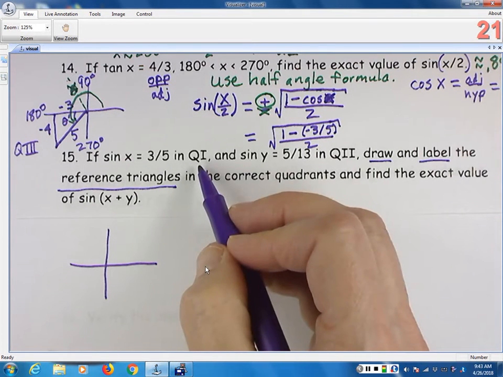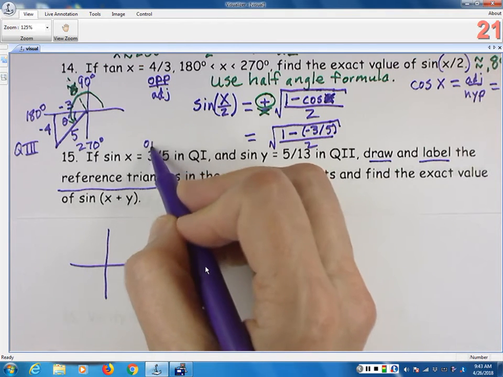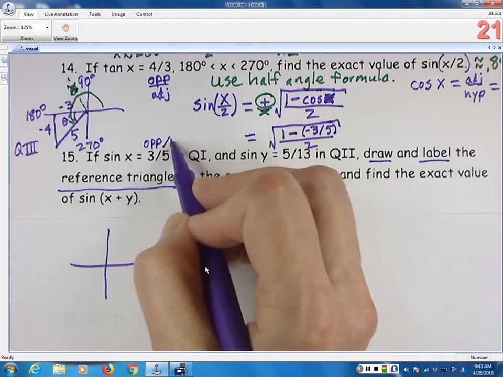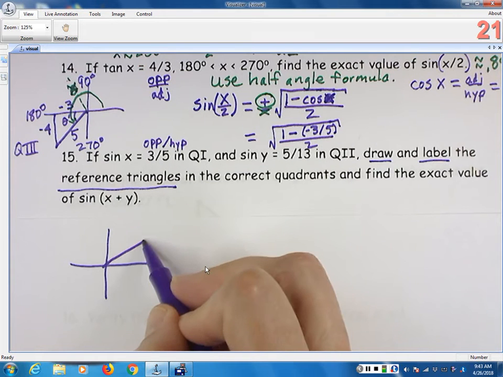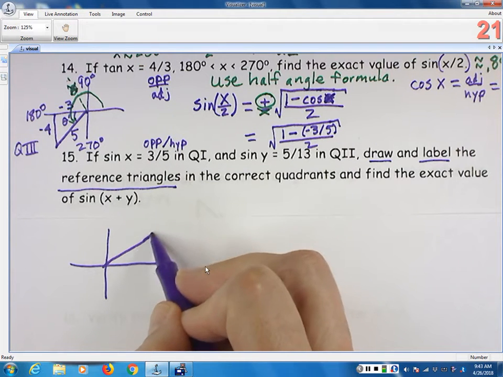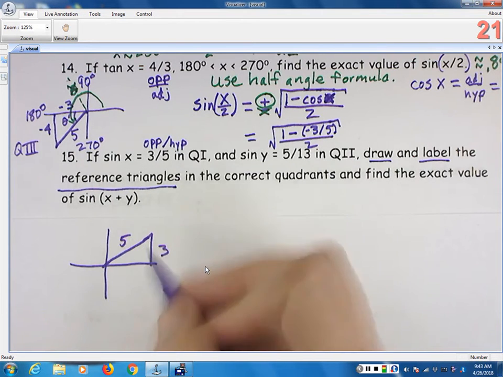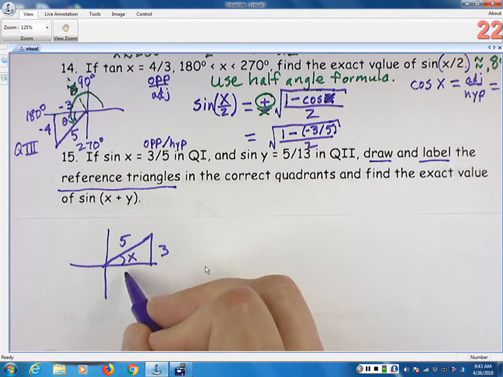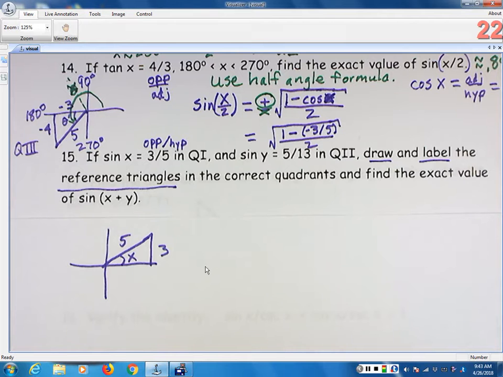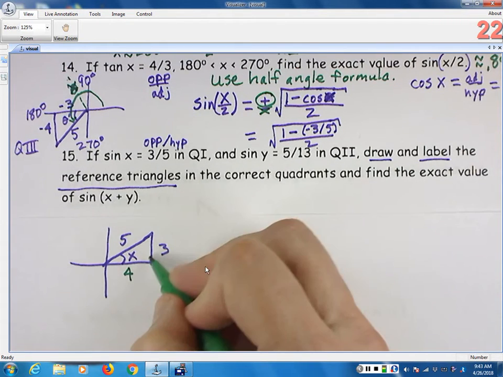Okay, in quadrant 1, sine is opposite over hypotenuse. So this is a 3 over 5. So this is x. And so what's this side? It's a 4. You can find it with the Pythagorean theorem, because this is a right triangle.